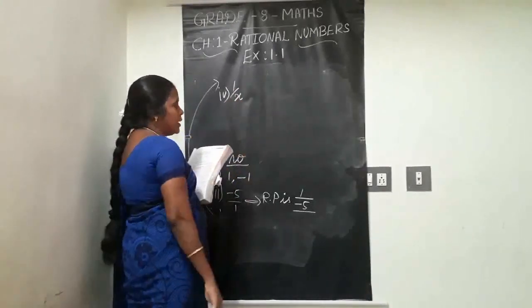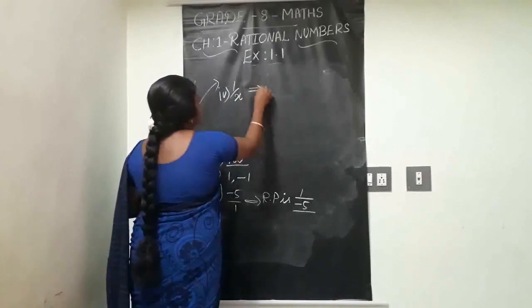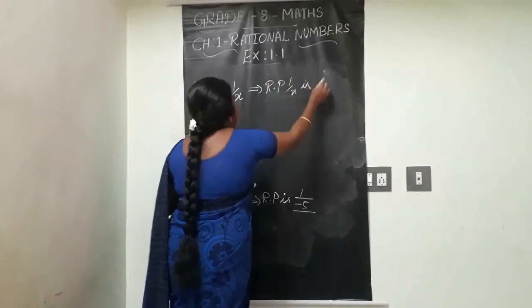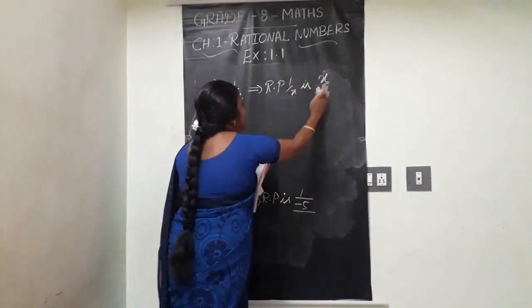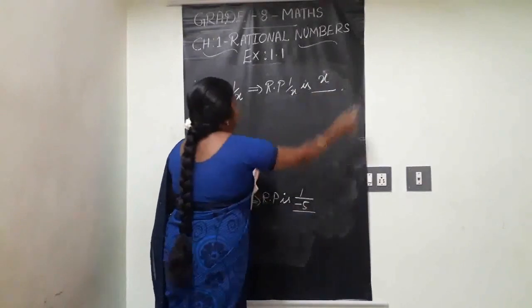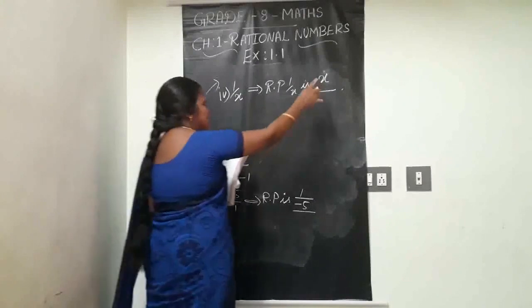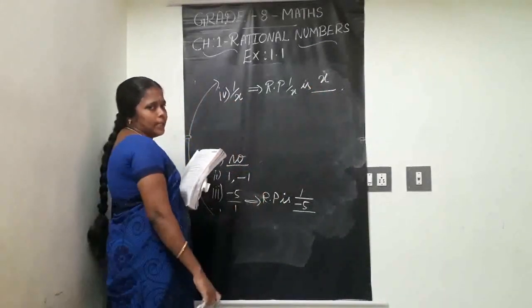What is the reciprocal of 1 by x? This is the question. What do you write here? The reciprocal of 1 by x is x by 1 only, no? Simply we can write as x. Clear? The reciprocal of 1 by x is x by 1, that is equal to x only. Clear?